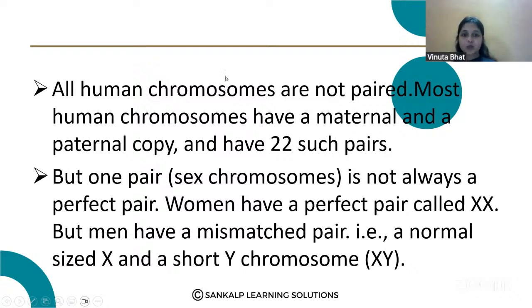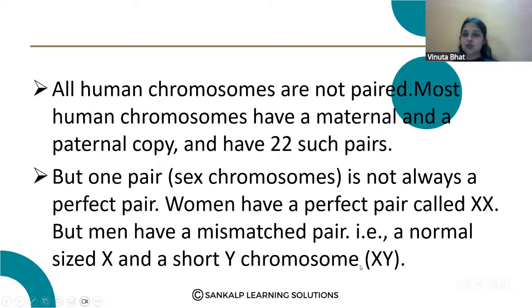Here, total 22 pairs of chromosomes are the same in both males and females, but one pair of chromosomes is called the sex chromosomes. That is not always a perfect pair. Women have a perfect pair called XX chromosomes, but men have the mismatched pair, that is the X and Y chromosomes.